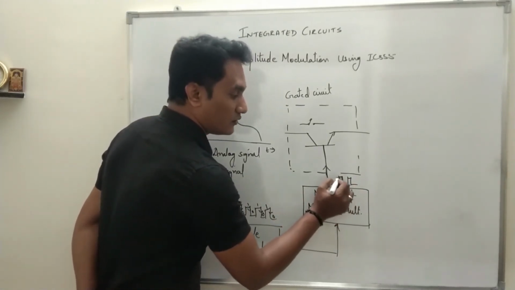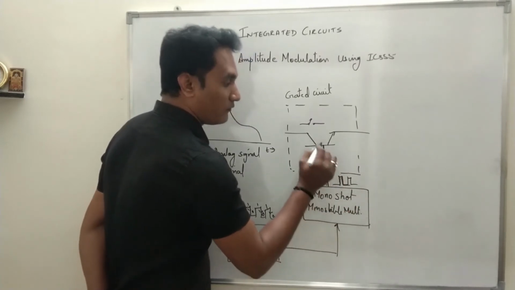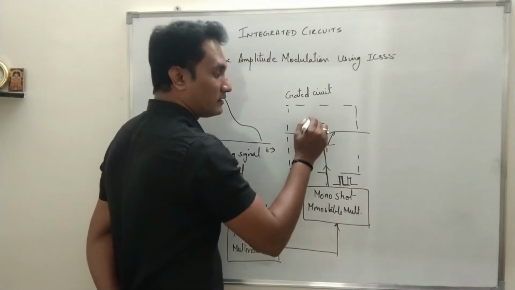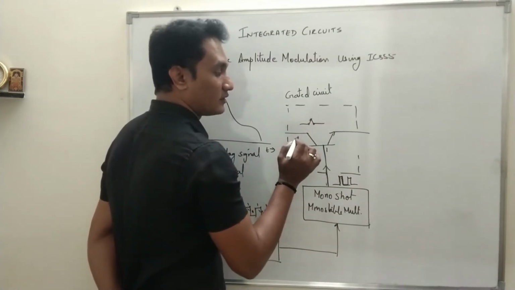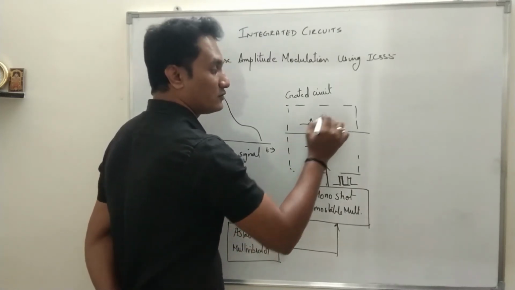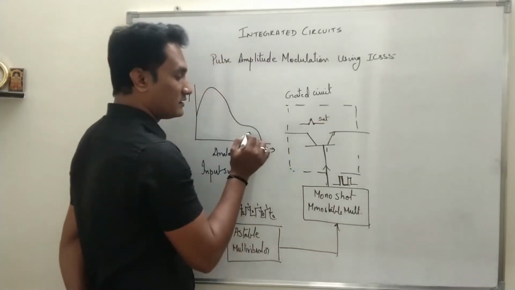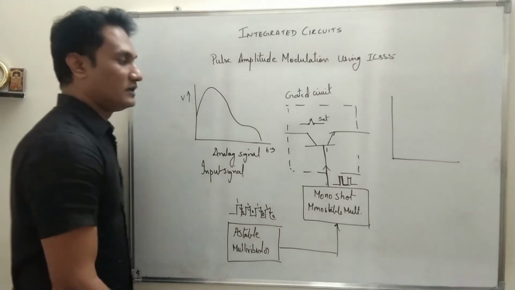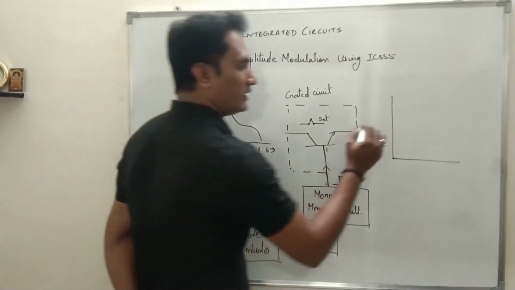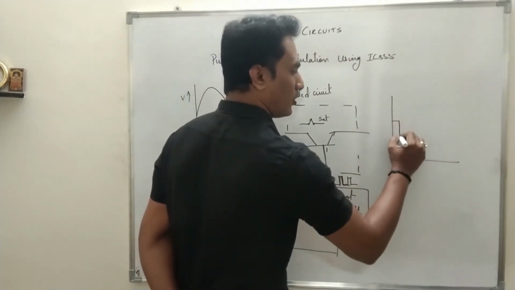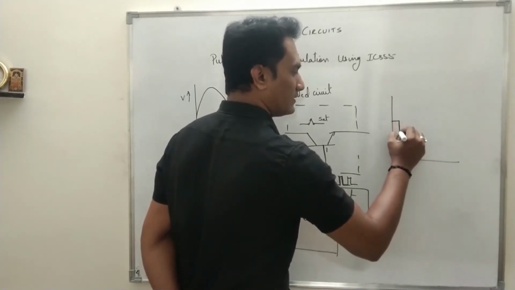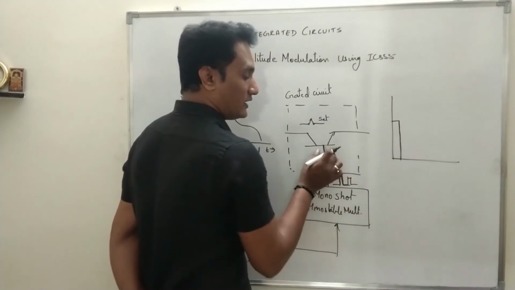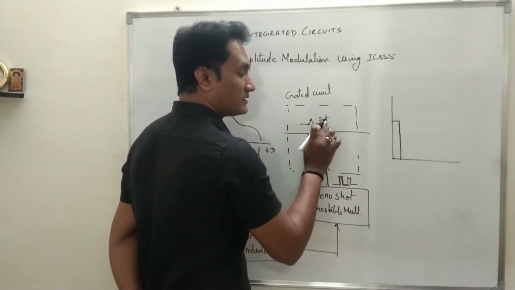And when the monoshot's output becomes 1 for that small duration of time, the input for the transistor will be 1. The transistor will be acting as a closed switch, that means it will be in saturation region, and when it is in saturation region, the input signal will be transferred to the output. So you will get a small portion of the input at the output in the form of a pulse, for which the pulse width is the time for which the transistor remains in saturation region.